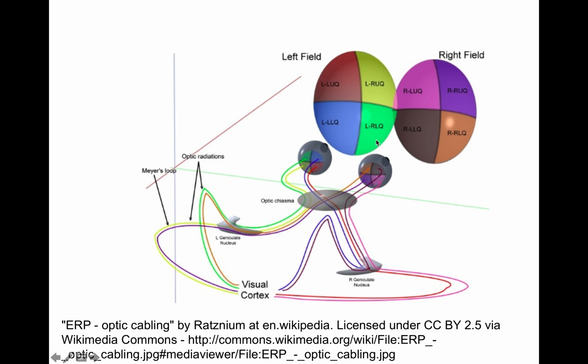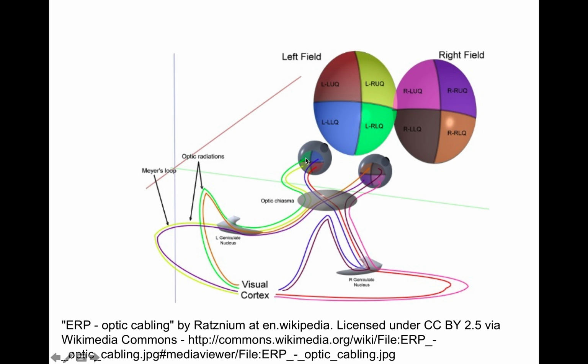So as you have a light, let's say that we have these different types of colors here. And then say that the left eye over here, your left visual field, and then the right lower quadrant of it. So the right lower quadrant of your visual field. Well, when you shine that light into the eye, it goes through the lens and gets flipped. So that corresponds to this upper part right here.